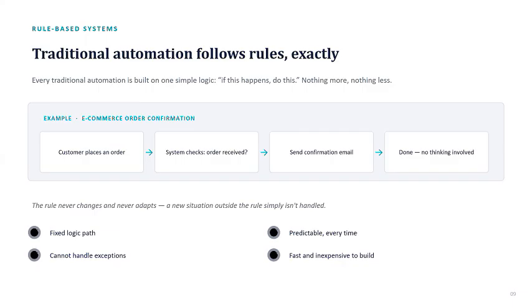Now, a good example of traditional automation is, I want you to imagine a mailman or a mailboy. A mailboy is given an address. Let's say number 7, Nimaj Crescent. Let's give it a postcode number. The mailboy goes exactly to this address, number 7, Nimaj Crescent.